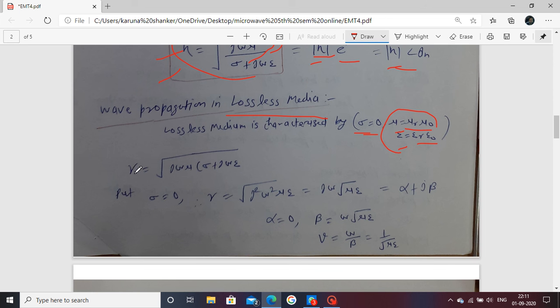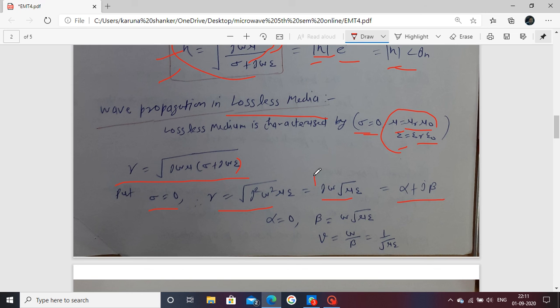Now we have already seen the propagation constant relation. We put sigma equal to 0, meaning the conductivity value is 0, in this relation, then arrange it into this form. Now compare gamma equal to alpha plus j beta.